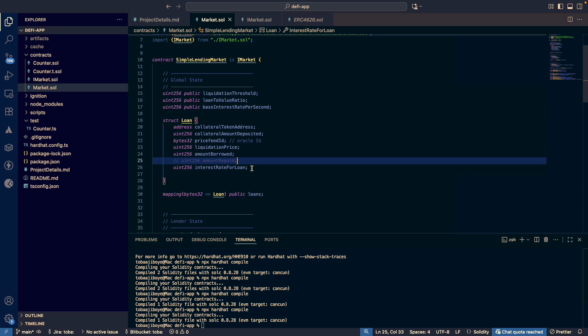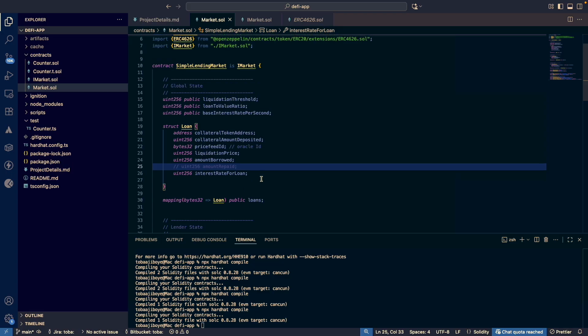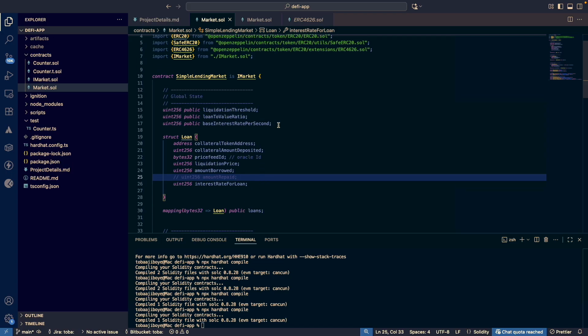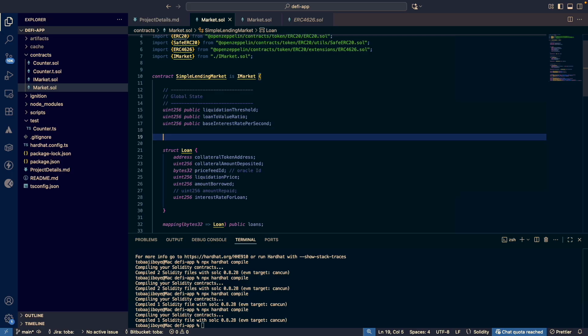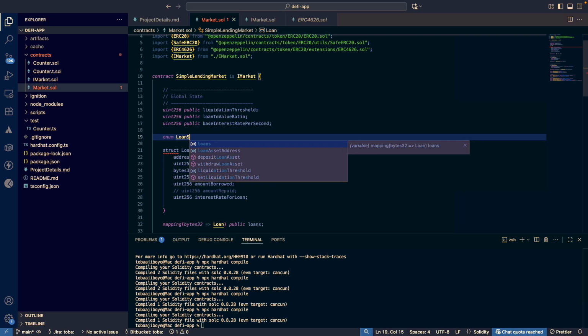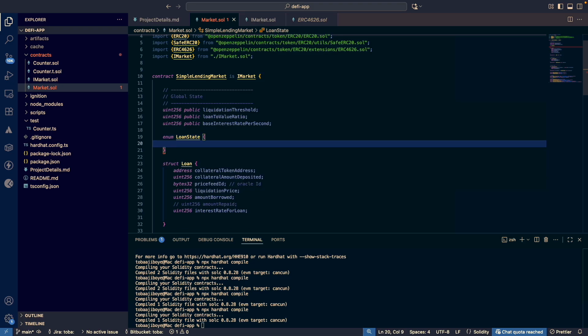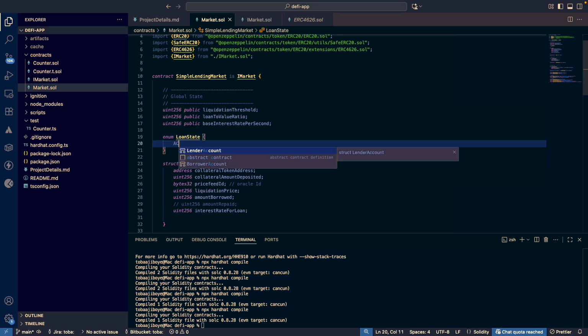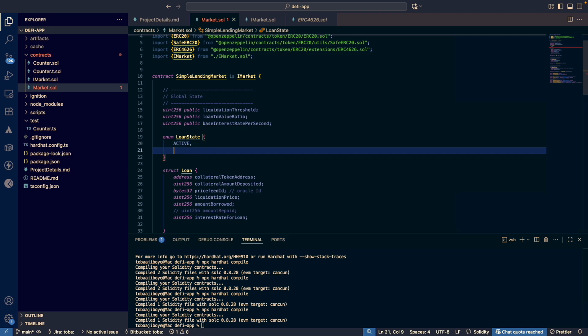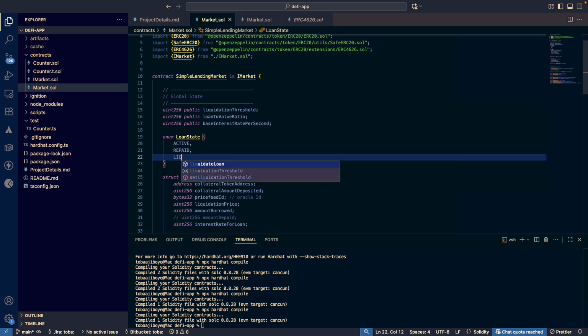Each loan has a state. A loan is either active, repaid, or liquidated. So we need something to track that state. Loan state. So a loan is either active, repaid, or liquidated.